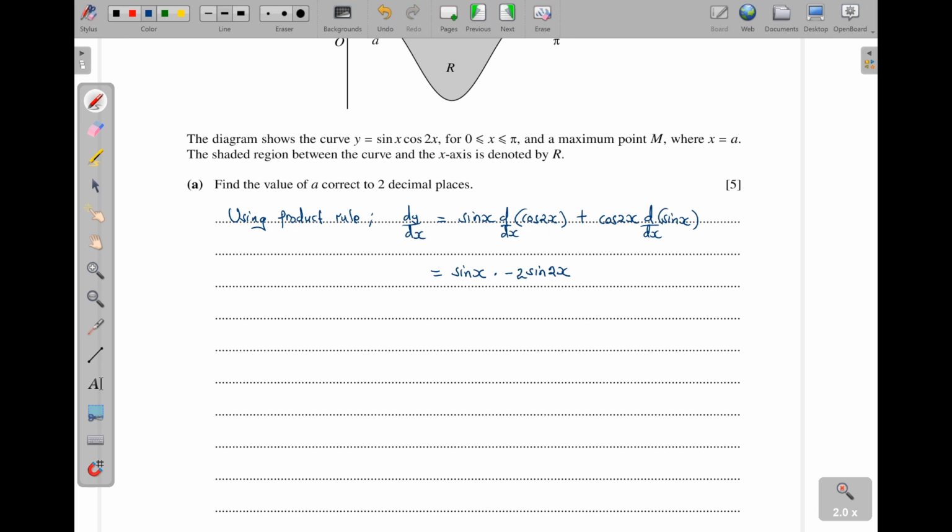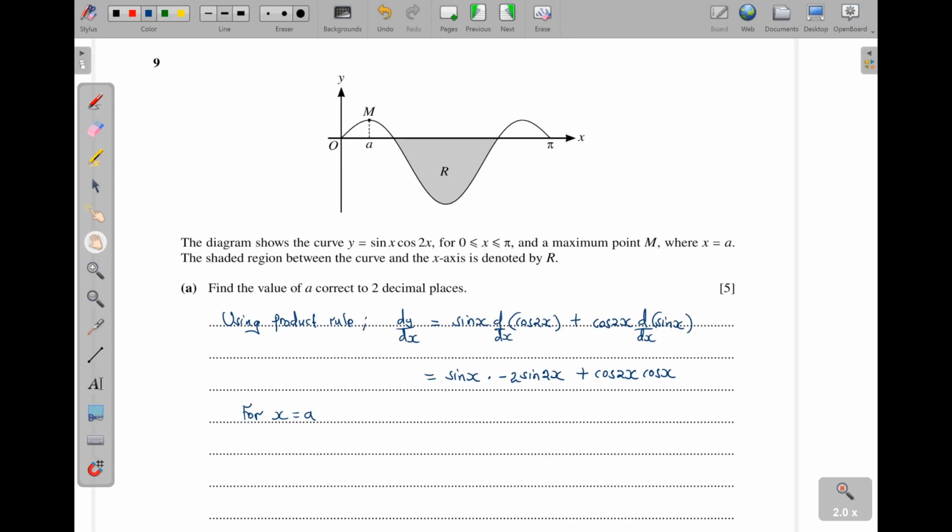So that's why I'm writing there negative 2 sine 2x. Then plus, when you differentiate a sine, you get a positive cosine of x. Okay, now for x which is equal to a, here the x coordinate here is a.